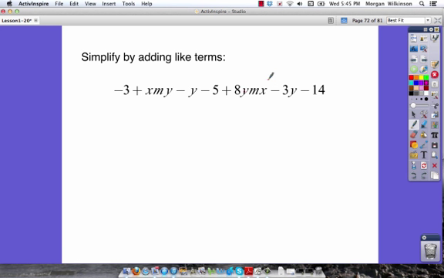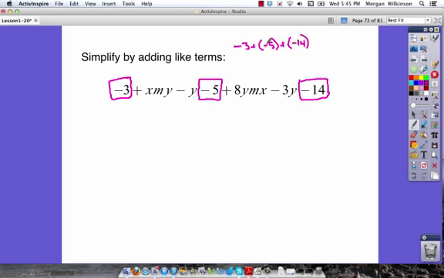We've got another one. Let's simplify this by adding like terms. Let's start from the left. On the left we have a constant. So I'm going to look for all of our constants. No variables attached. Negative 3, negative 5, no variable attached to it. Negative 14, no variable attached to it. So let's go ahead and do the math. We've got negative 3 plus negative 5 plus negative 14.